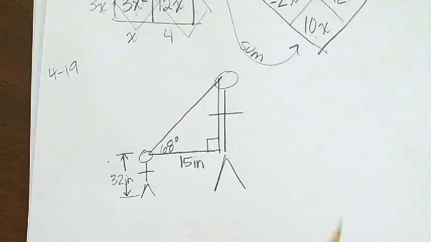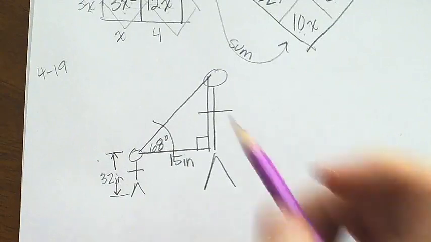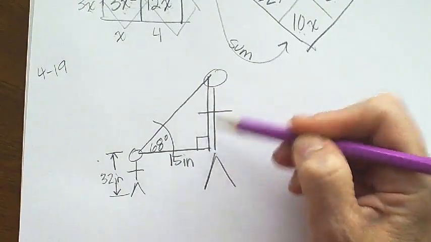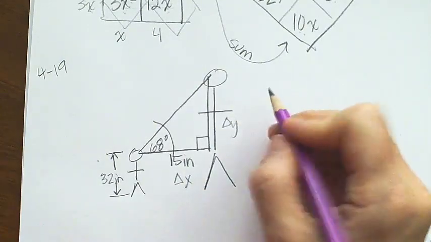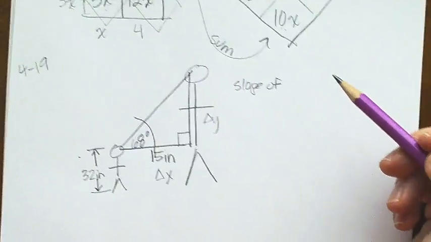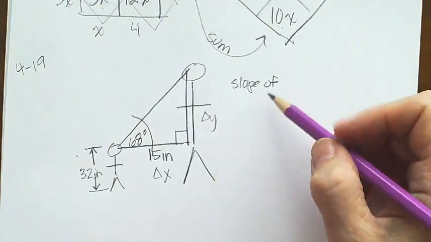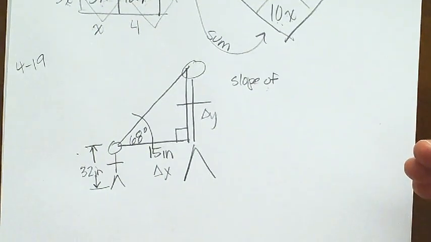So we know that if we're looking at a slope triangle, the change in y over the change in x is the slope. And now we know that the tangent button on our calculator gives us that slope. It gives it to us as a decimal. It does not give us a fraction.